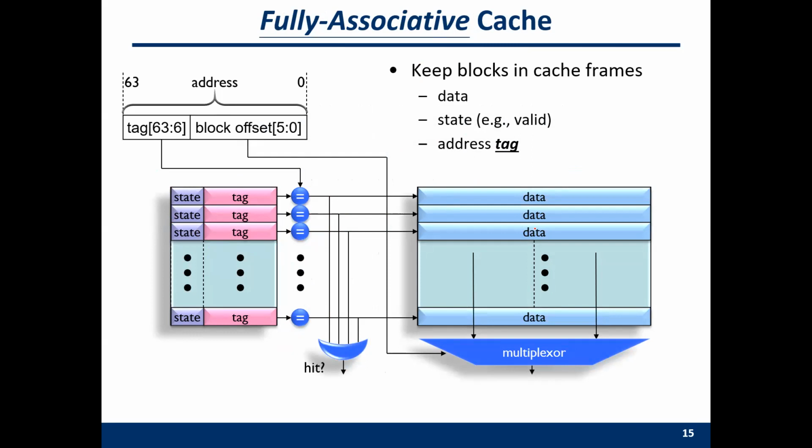The simplest cache and the most powerful cache is the fully associative cache. The fully associative cache means your data can be stored anywhere, in any frame of this cache.